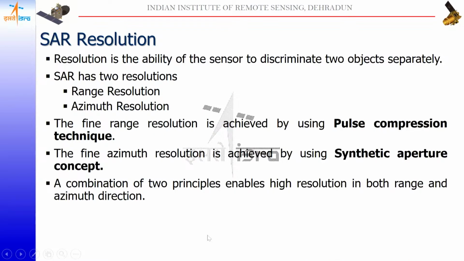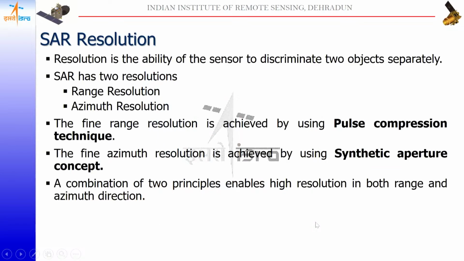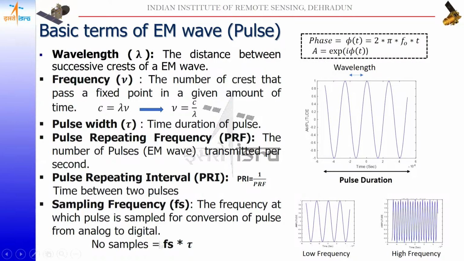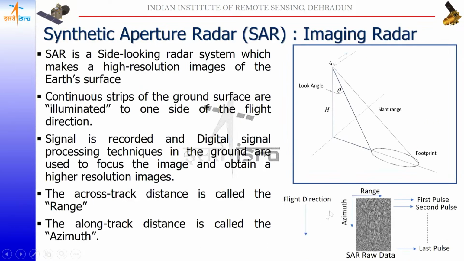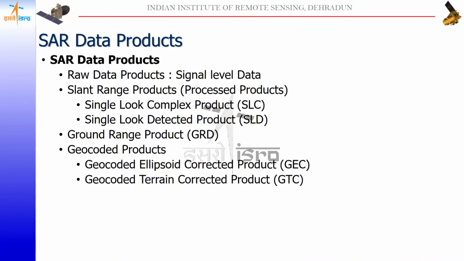As I have shown in this image, one pulse has some pulse duration. So how many samples in this x direction? If we know the sampling frequency and we know this tau, when we multiply these two, we get the number of samples in the x direction. That is the sampling frequency.